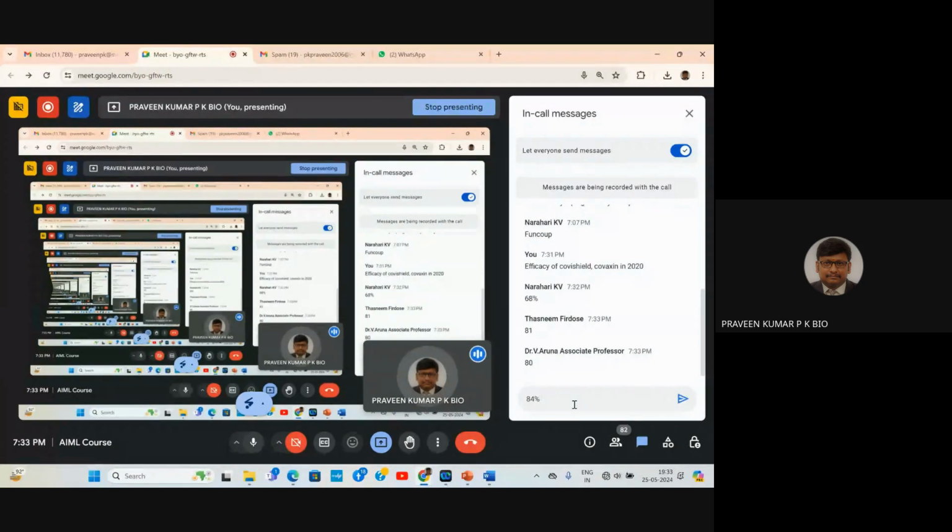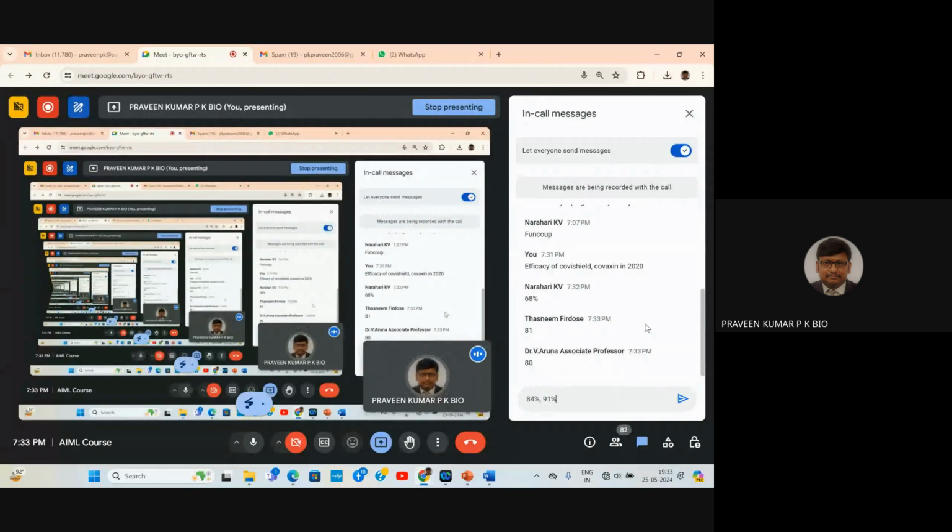Good try from everyone. 84% in 2020, but in 2021, obviously it reduced to 70-something. If the efficacy is 84 percent, at that time when they measured the Covaxin, it was 91 percent. But if you see the Delta strain, I think Covishield comes around 17 percent efficacy, 17.